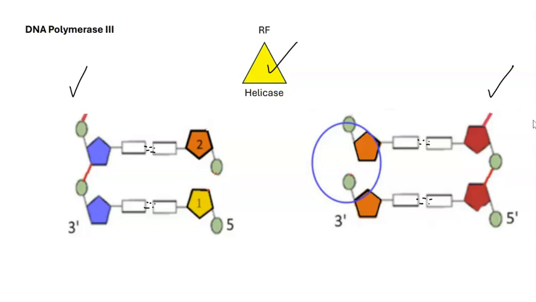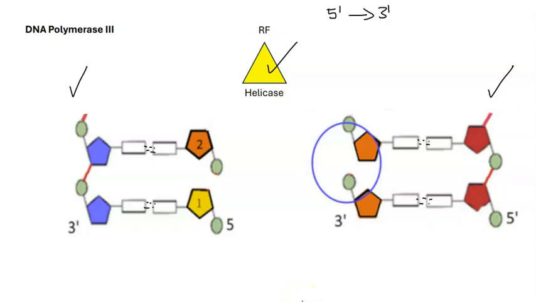Now the explanation of this polymerization of the sugar phosphate backbone on the new strands is often abbreviated simply to 5' added to 3'. This abbreviation hides a number of key points that the student needs to comprehend. So let me give you those.